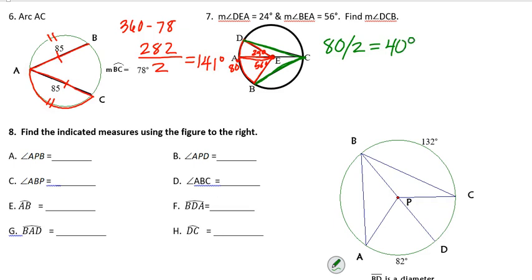All right, let's jump down here to number 8. I'm going to go ahead and do this in the drawing first. I notice that I have an arc here that's 82, so I know that that central angle is 82. Got this arc out here that's 132, so I know that this central angle is 132, sorry.